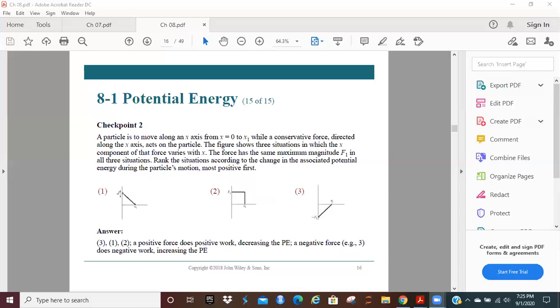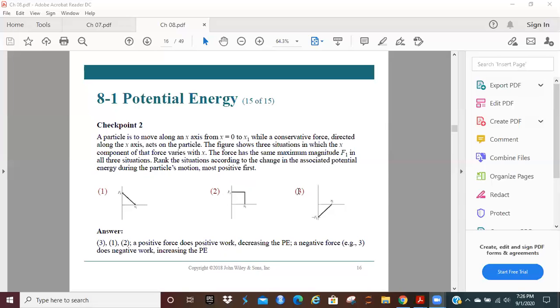This is saying that the positive force is going to get smaller and smaller the closer that you get to x1. So this is going to fall off faster and produce less of a detraction in potential energy than this would.